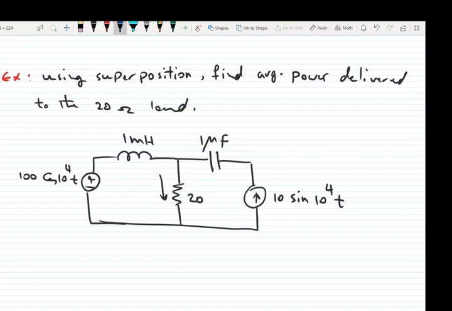First thing we need to do is convert this sine to cosine. So it is equal to 10 cosine of 10 to the power of 4t minus 90 degrees.